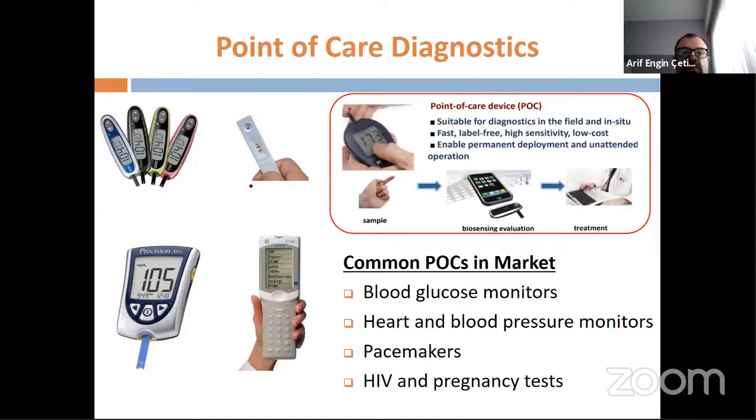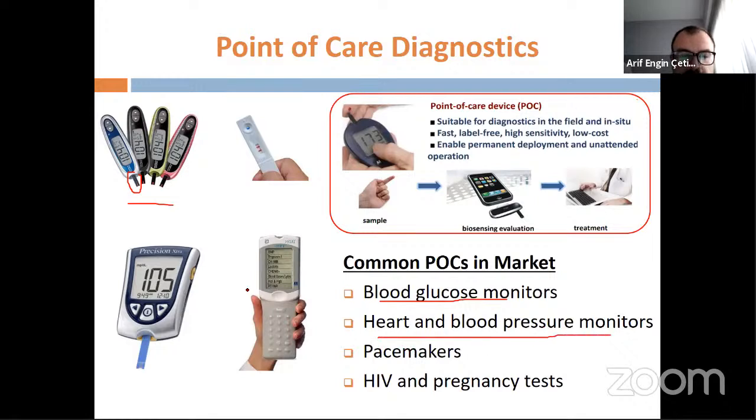There are different types of POCT devices. So, for example, blood glucose monitors. These devices use strips, and then they use an electrochemical method to analyze your glucose levels in your blood. So this is called an electrochemical method.